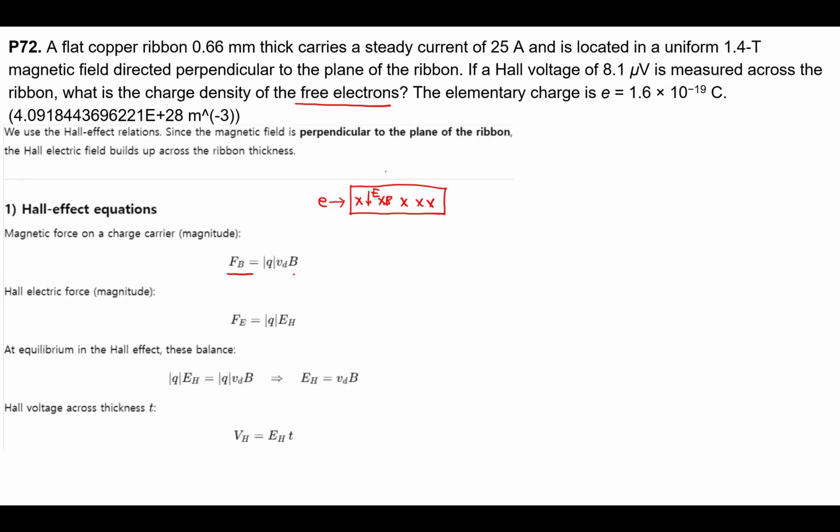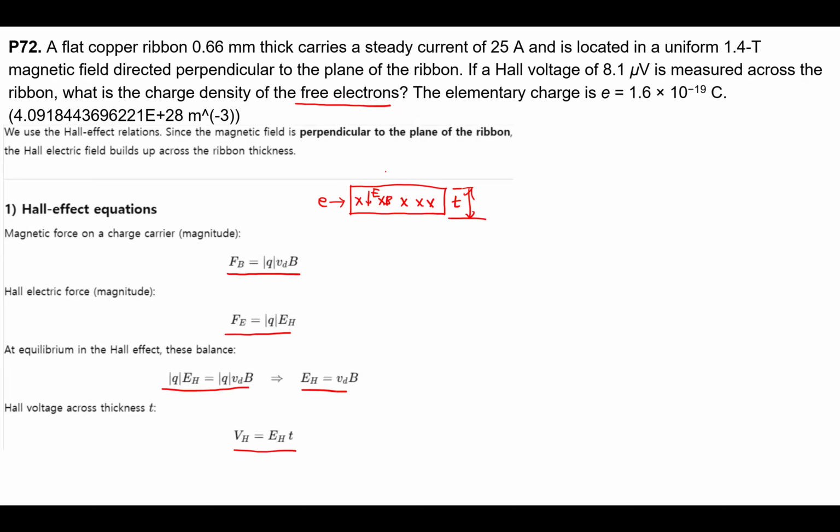This magnetic field force and electric field force should be equivalent, so that we get this one. And the Hall voltage across the thickness T is given by EH times T. Okay, that's the thing we have to understand, the Hall effect equations.